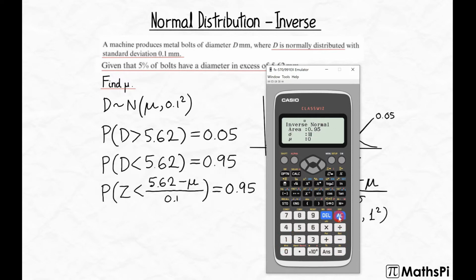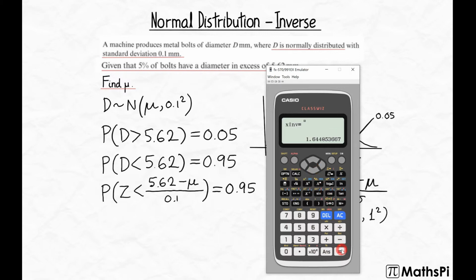So let's just go through that again. Now that you've standardized, you can now use the inverse function. So going to number 7, inverse normal number 3, the area is 0.95, and that must be the area, or the probability, in a less than statement. The standard deviation is 1 because we've standardized, and the mean is 0.